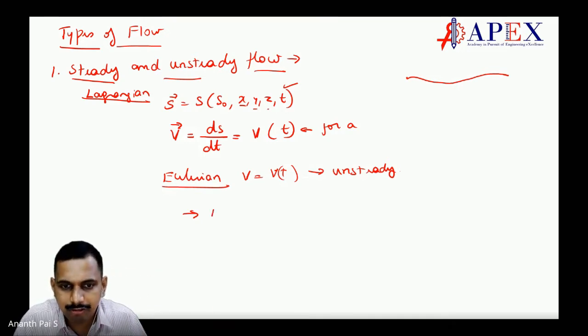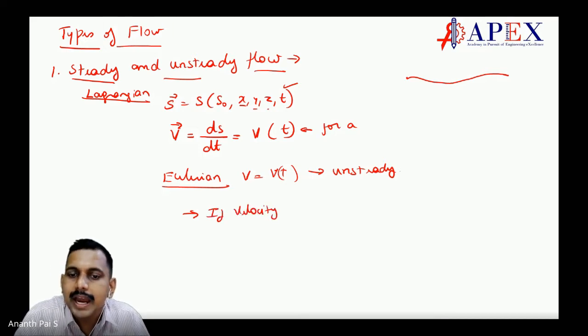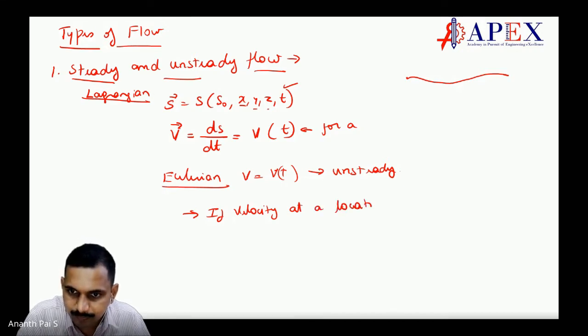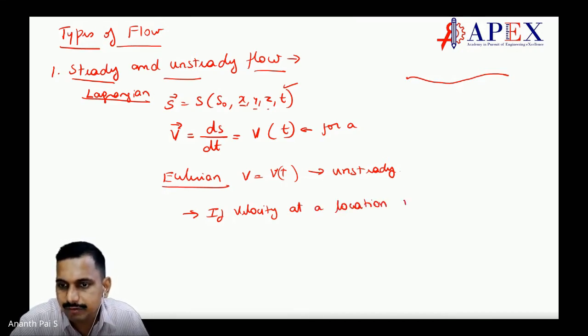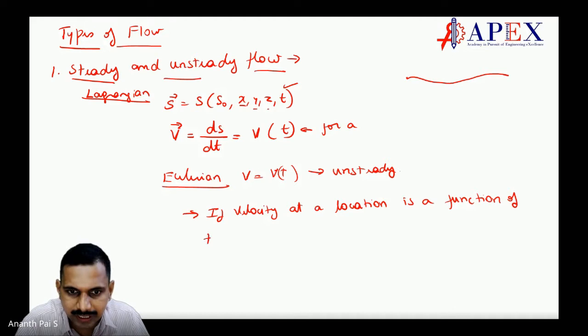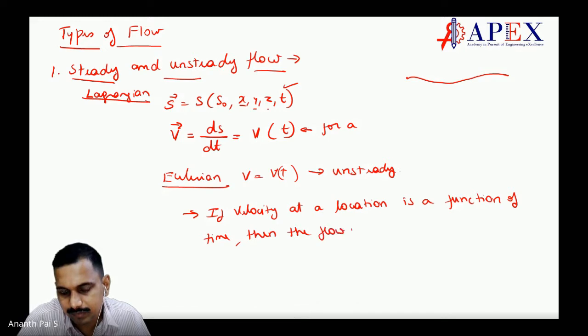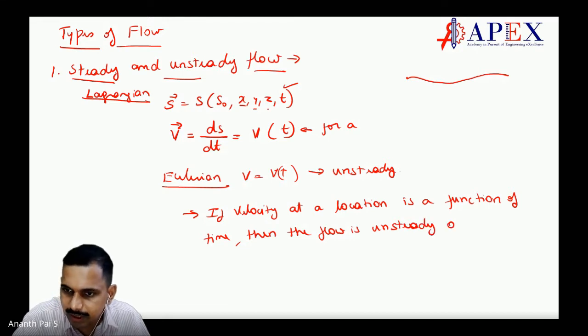If velocity at a location is a function of time, then the flow is unsteady. Otherwise, steady.